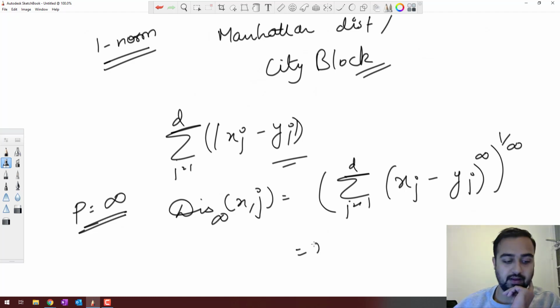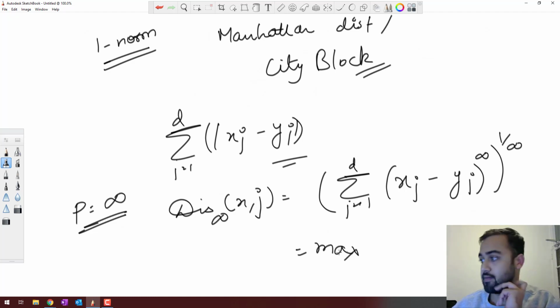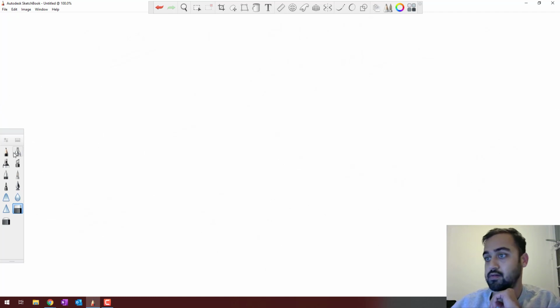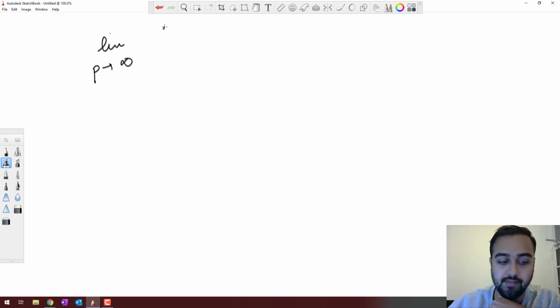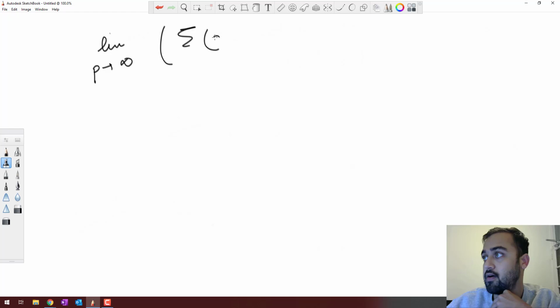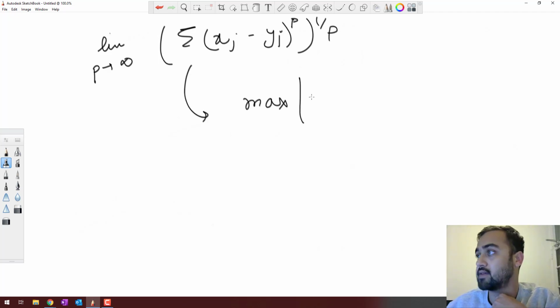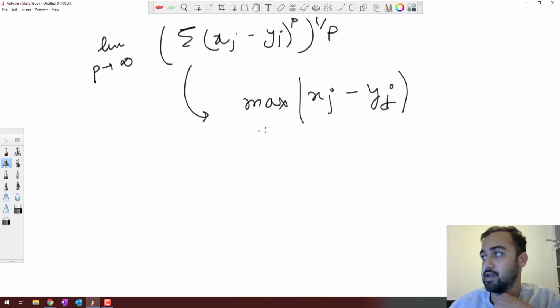So if we have the limit as p tends to infinity of sigma of xj minus yj to the power p, whole to the power 1 by p, we get the max of xj minus yj.